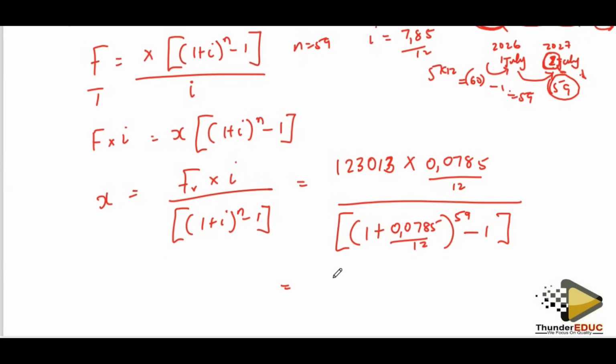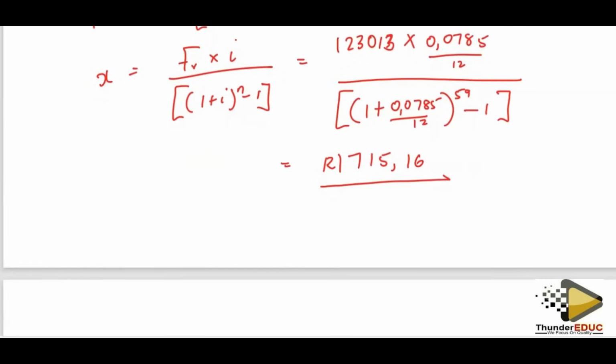I'm getting 1,715 rand 16 cents. So this is how much they're going to be paying every month for 59 months so that they can cover the new machine.